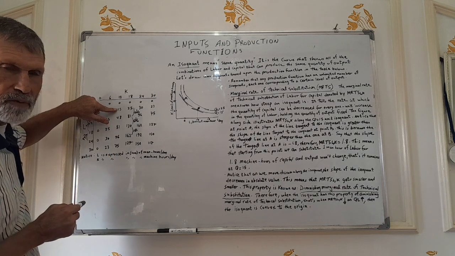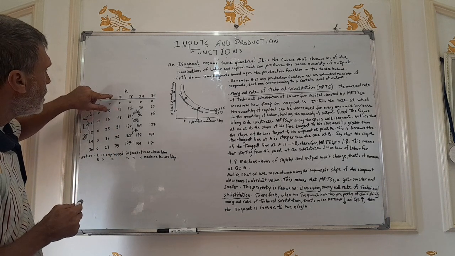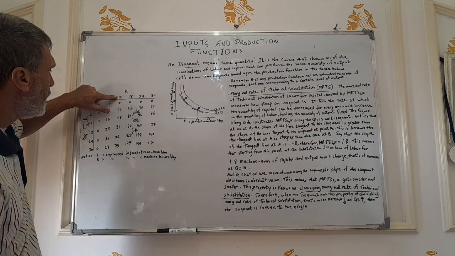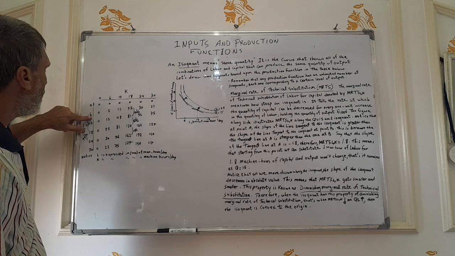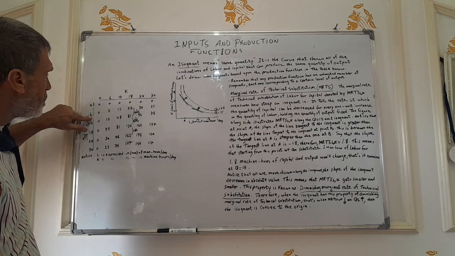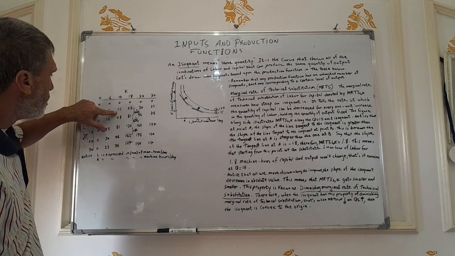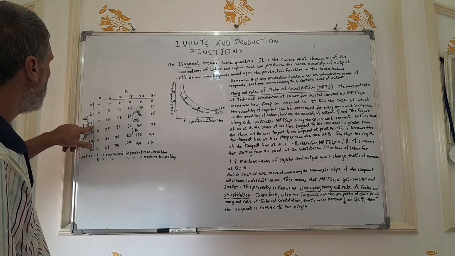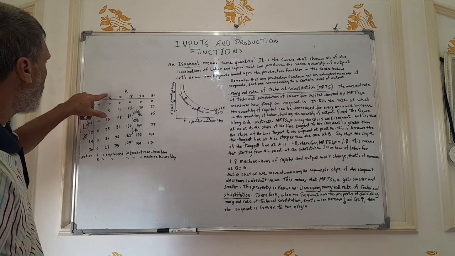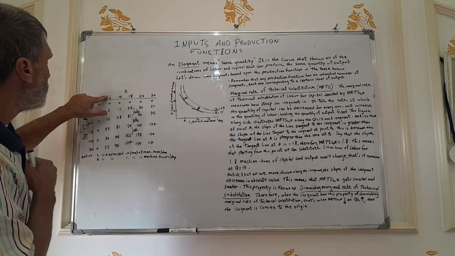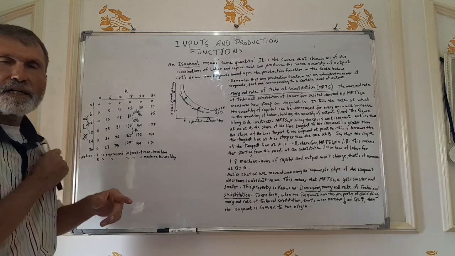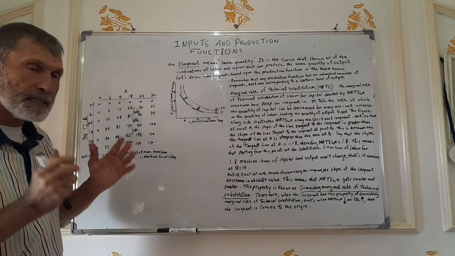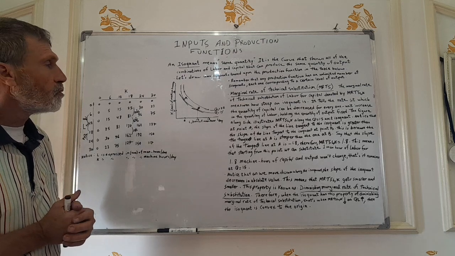We can have Q equal 15 by employing 12 machine hours per day and 6 labor hours per day. Also, we can obtain 15 by employing 12 labor hours per day and 6 machine hours per day. So these are the combinations that give you the same quantity produced, which is 15.